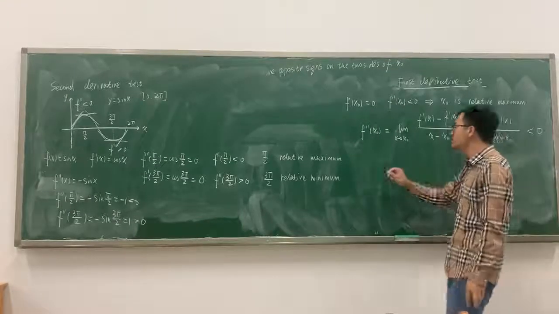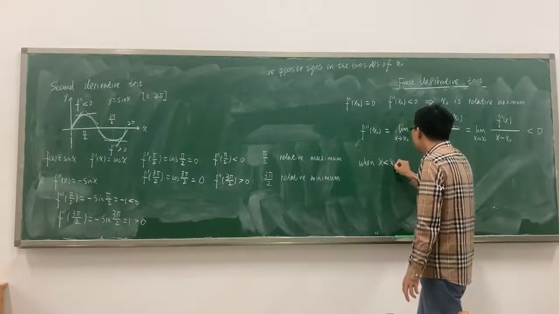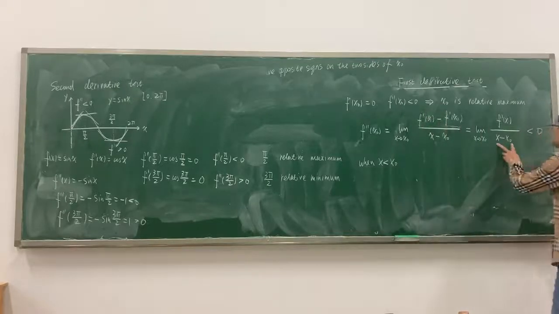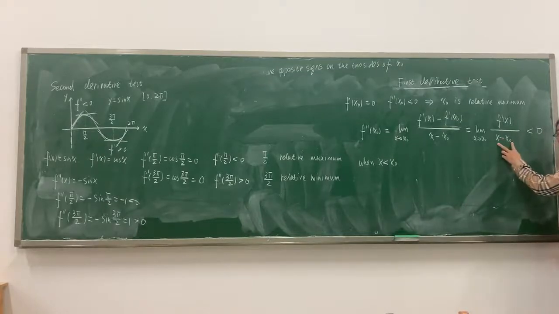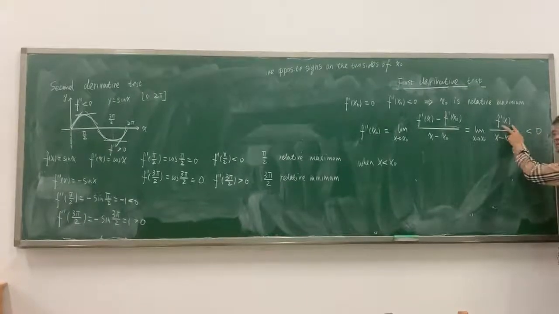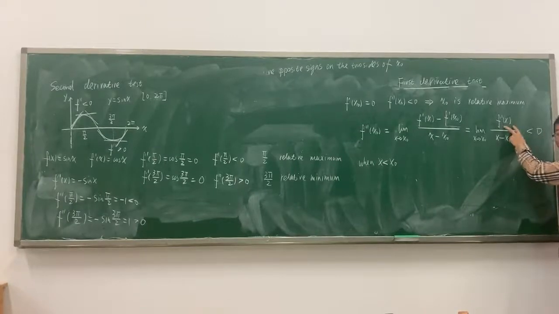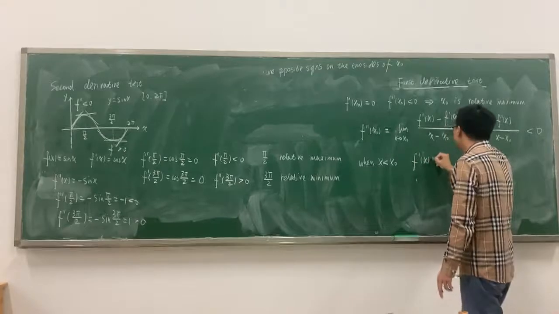When x is less than x0, the denominator is negative. A number divided by a negative should be negative, so this number must be positive. So we have f prime x positive.